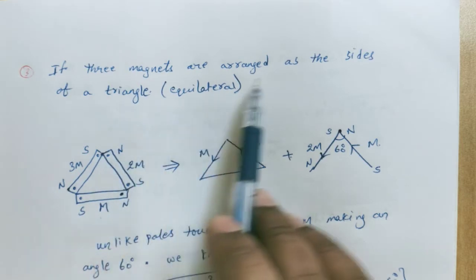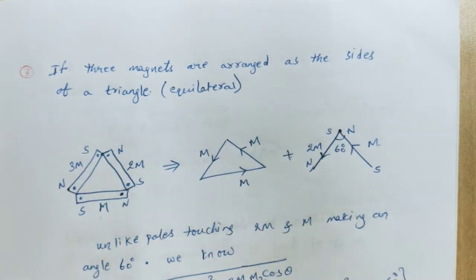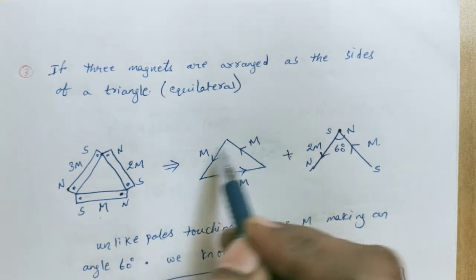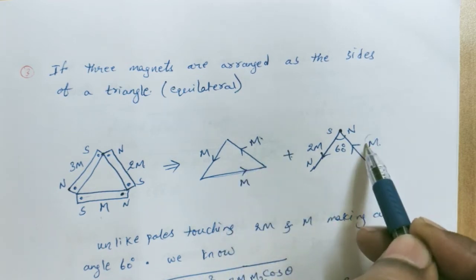So all the magnetic moments are not the same. If three magnets are arranged as the sides of a triangle, which we mentioned as equilateral, they do not all have the same magnetic moments. For this purpose I am writing like this. This is m, I represent it as m. Here 2m is present, so I am taking m here, and parallelly here one more m.